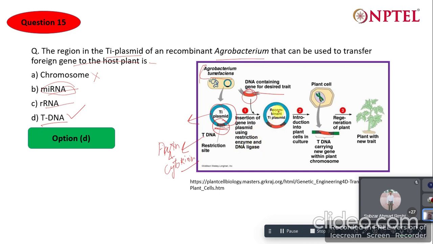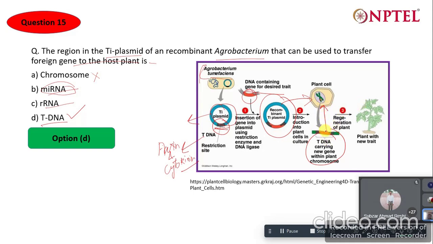After that, the recombinant TI plasmid is transformed into the bacteria, and the bacteria is allowed to infect the plant cell in vitro.